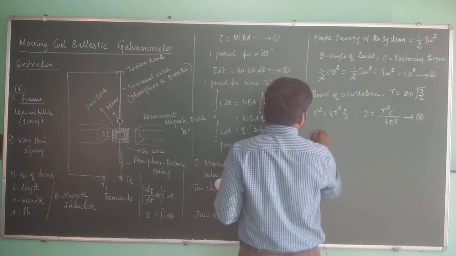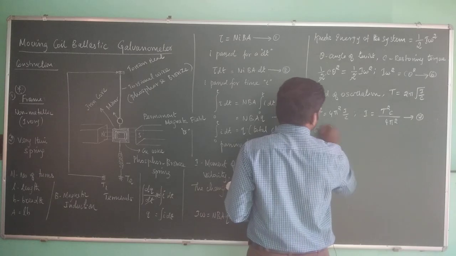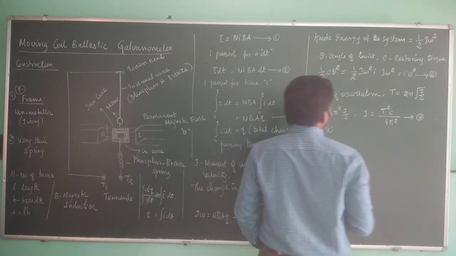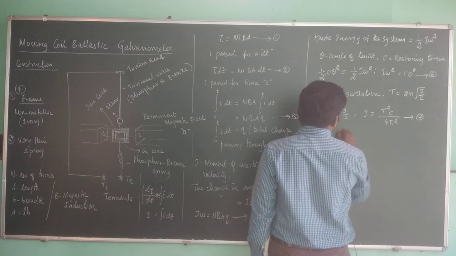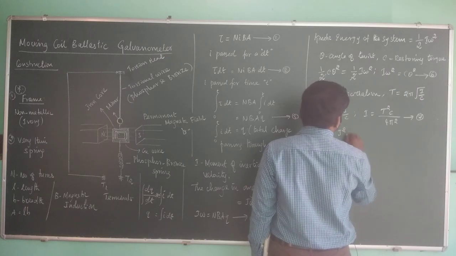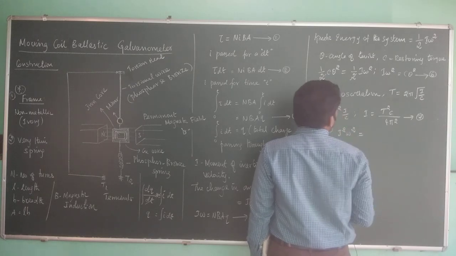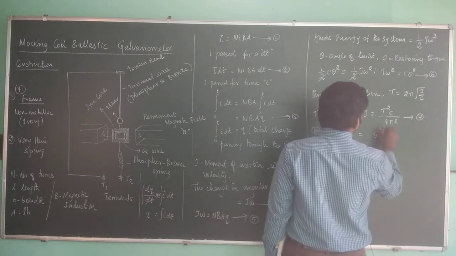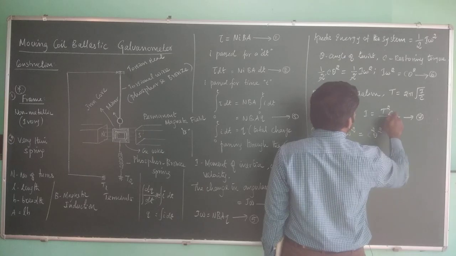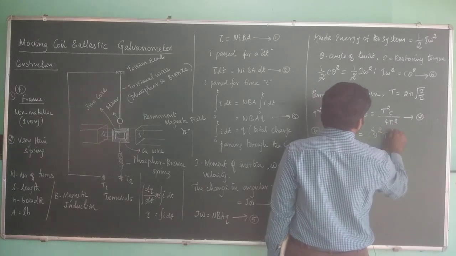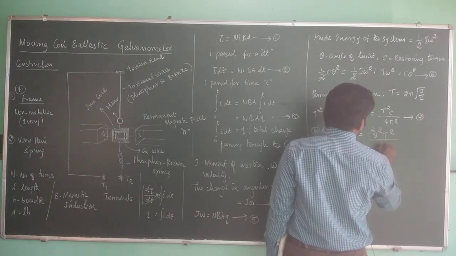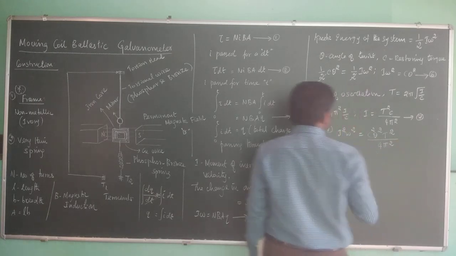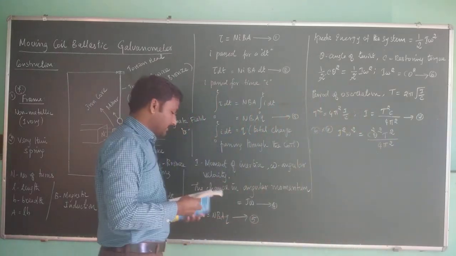Suppose you multiply equation number 6 with equation number 7, what you will get? Left hand side becomes I square omega square. The right hand side becomes C theta square times C T square by 4 pi square.